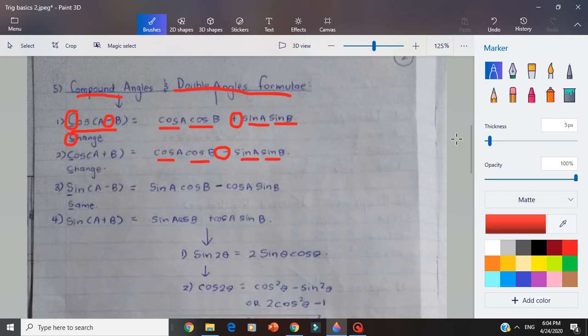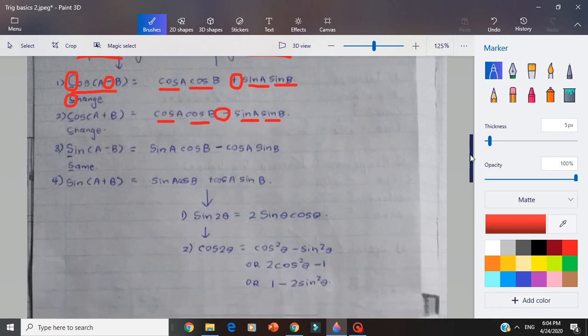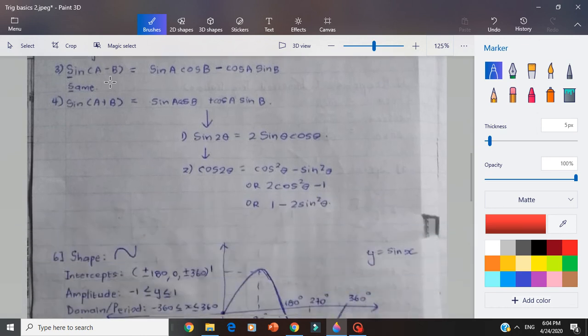Now let's look at the case where we have a sine. In the case of sine of A minus B, think of S in sine and S in same. We're going to keep the sign the same, but the only difference here is you don't have two of the same trig ratios first and second.